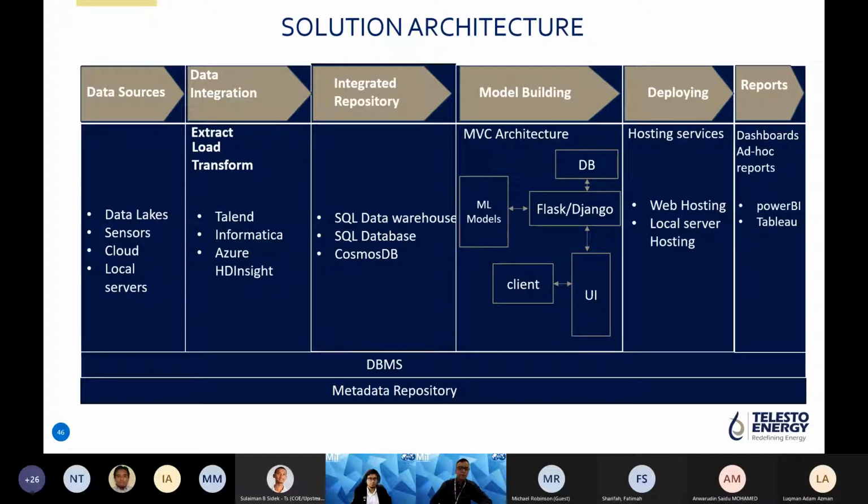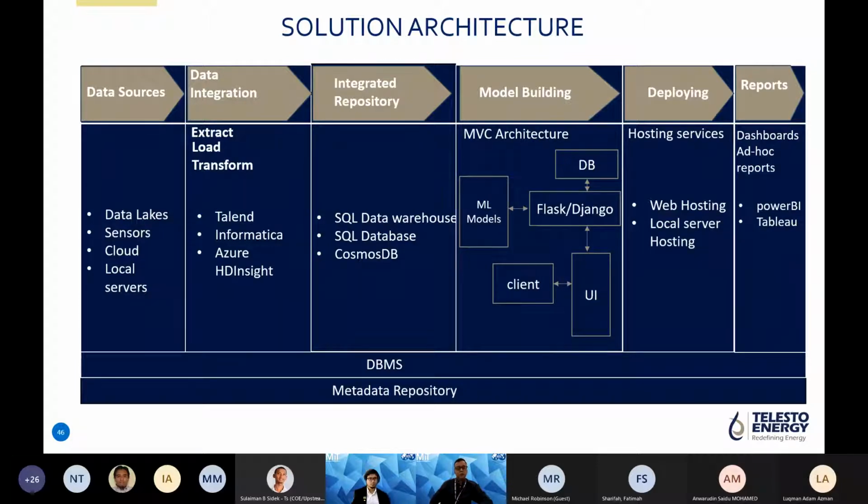Let us say data lakes, which means you have your own data storage, and sensors and cloud are different areas from where you get the data. Here sensors doesn't make any sense because there is no sensor data coming in. The data can be in the cloud, whether in your own company cloud or in Azure or Amazon Web Services, or it can be on your own local server. So it doesn't matter where the data is.